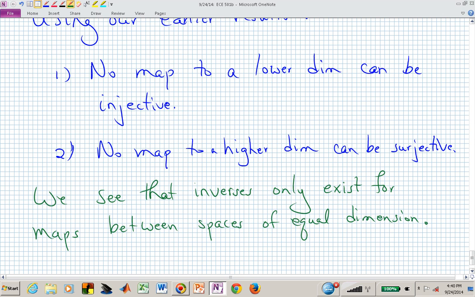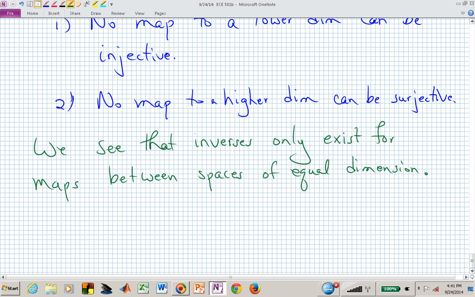If it's injective, we can't decrease our dimension from domain to codomain. If it's surjective, we can't expand from domain to codomain. So we have to stay in the same dimension between our vector spaces.